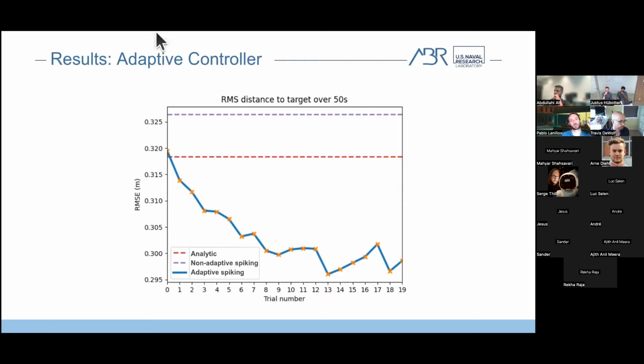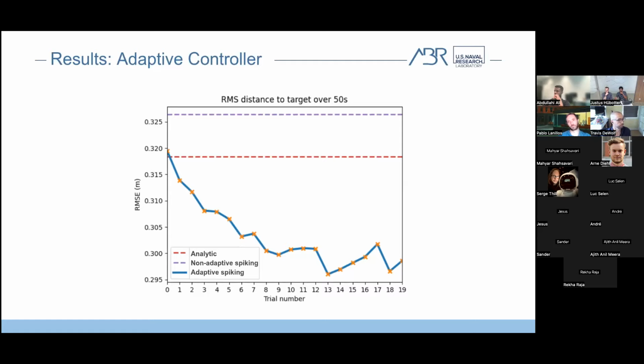But here we're using lower gains, both to ensure stability and so that we can use the same gains across both the analytic controller and the spiking controller. So in some sense, it's artificially setting the analytic performance worse than it might be able to be, but I don't think it's necessarily an unfair comparison. But that's why you can improve over the analytic controller.